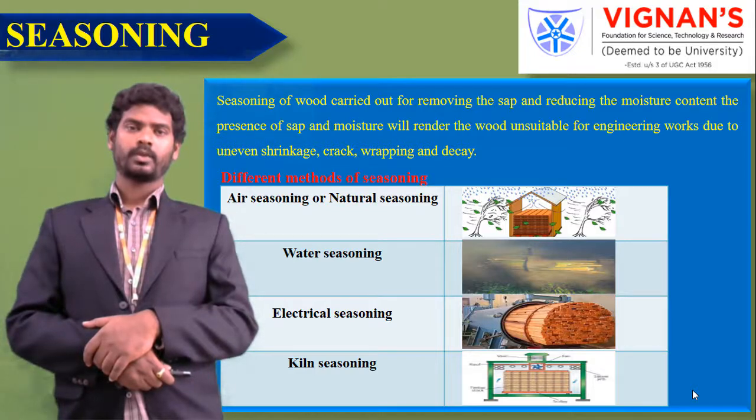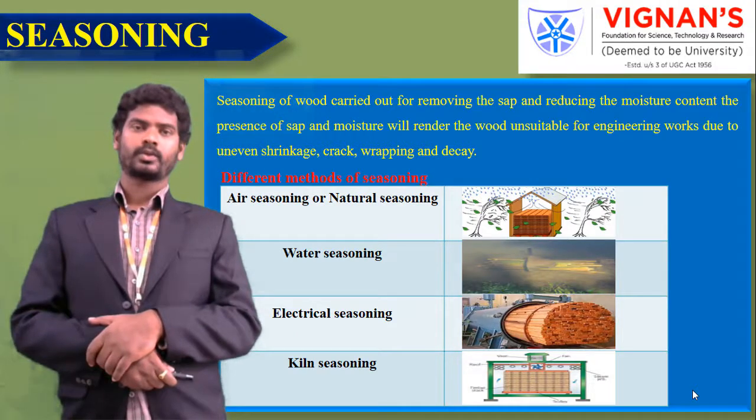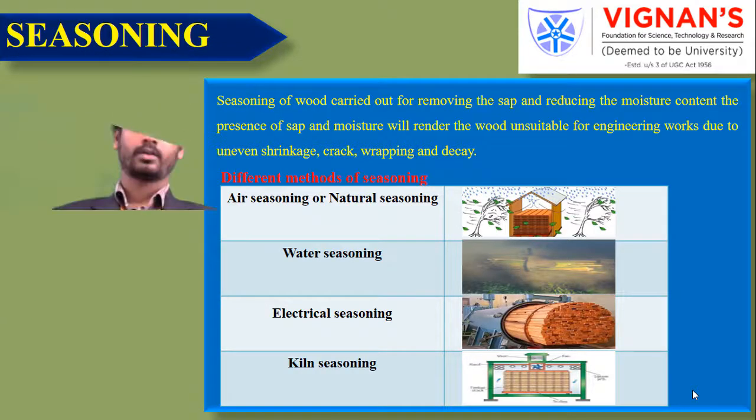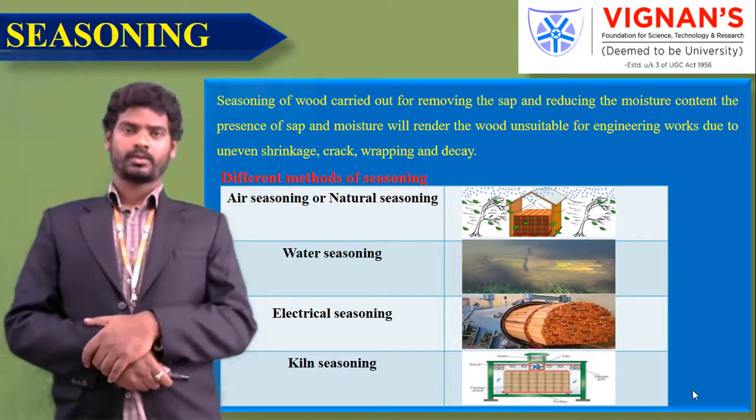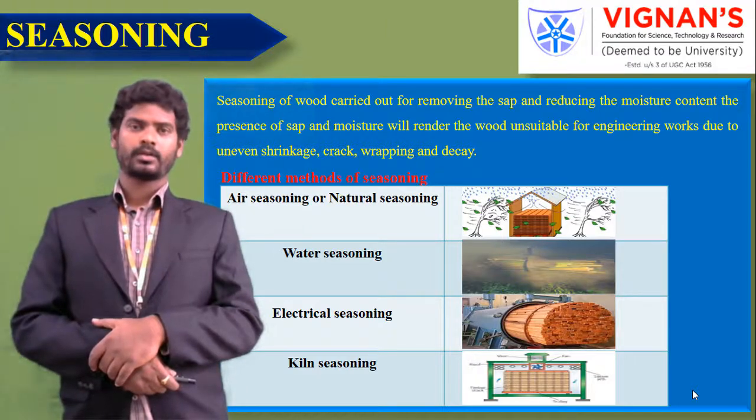Advantages of seasoning: wood becomes hard, more durable, resistant to shock and stresses produced. Its workability is improved. Its density is reduced, and it does not warp after seasoning. Shrinkage does not occur after seasoning. Difficulties like twisting are overcome due to seasoning.